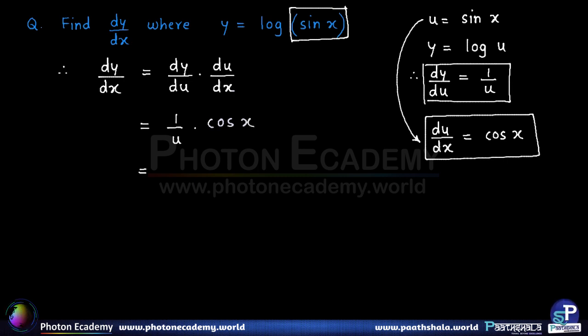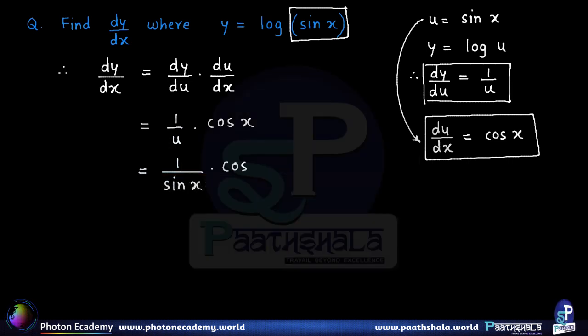And u is a symbol which we brought in on our own, so we must replace everything in terms of x at the end. So 1 upon u is 1 upon sin x, into cos x. That is ultimately cos x upon sin x, which is nothing but cot x. So that is the required derivative.